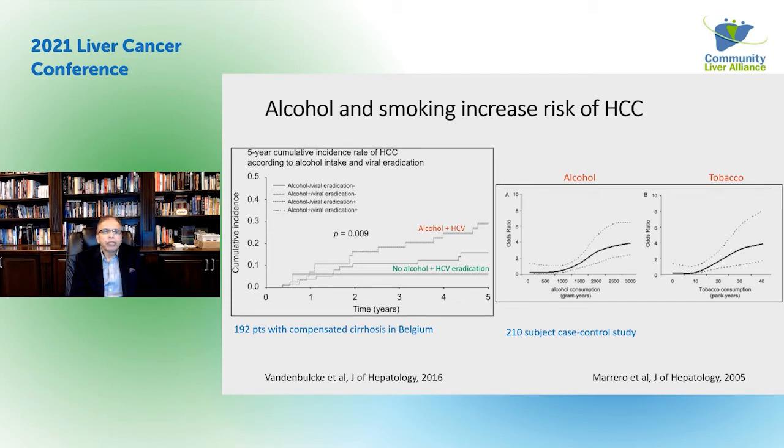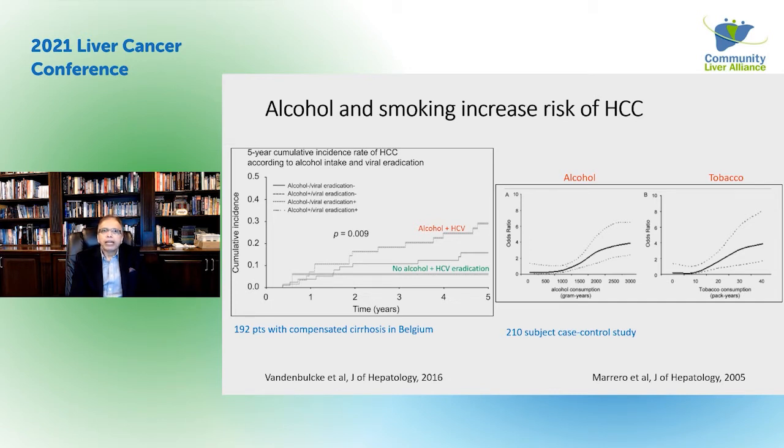The bottom line are the ones who were not drinking alcohol and also had HCV eradication. As you can see, there is a significant difference in the cumulative rate of HCC between those two groups, indicating that alcohol can independently increase the risk of HCC development. And these are patients who had underlying cirrhosis.